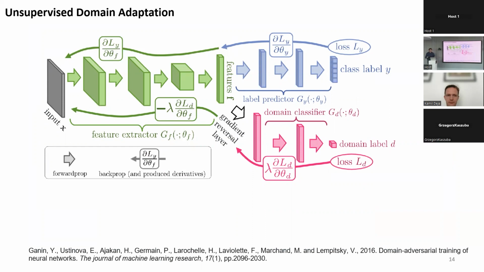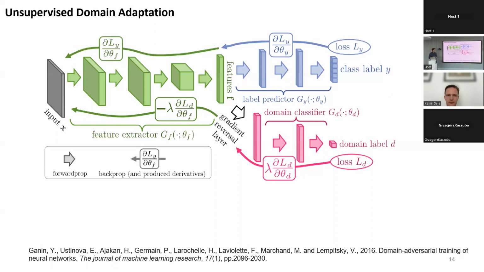Here you have the two domains and you learn a backbone, which is in green. You learn a classifier on the labeled domain, and you learn, let's say, an adversarial network here. The aim of this network is to classify between the source and target domain. You do it adversarially, with a gradient reversal, and you make it impossible to do this task.